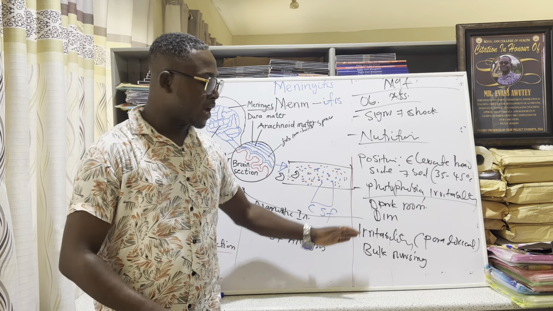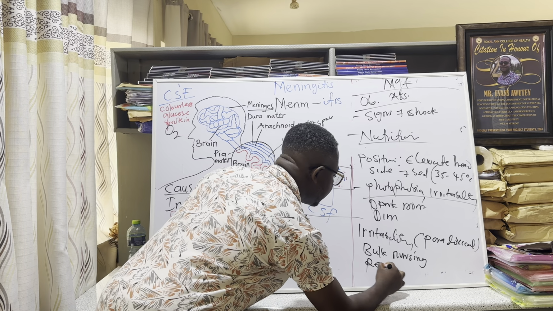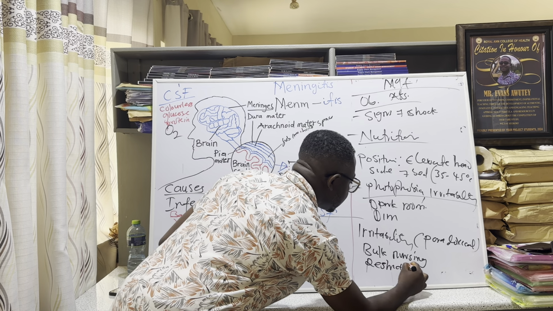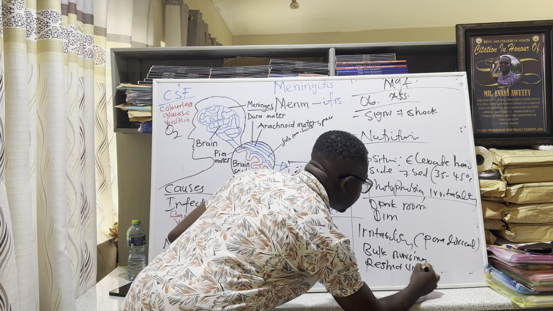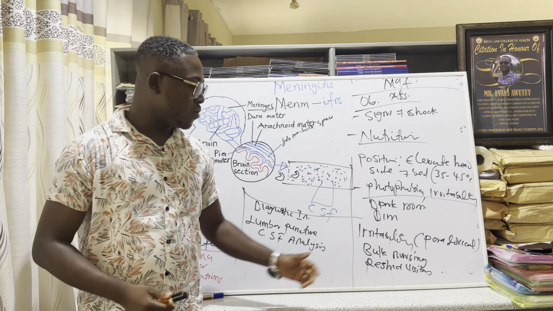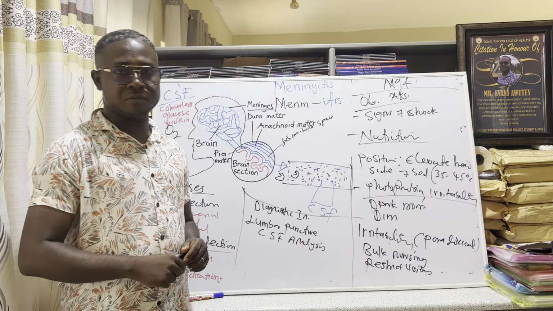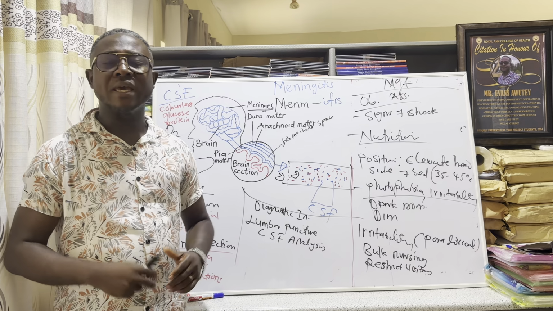Then another thing that we can also do for this patient is restrict visitors. Okay. Then again, we can also reduce the noise in the ward, because that also irritates them.